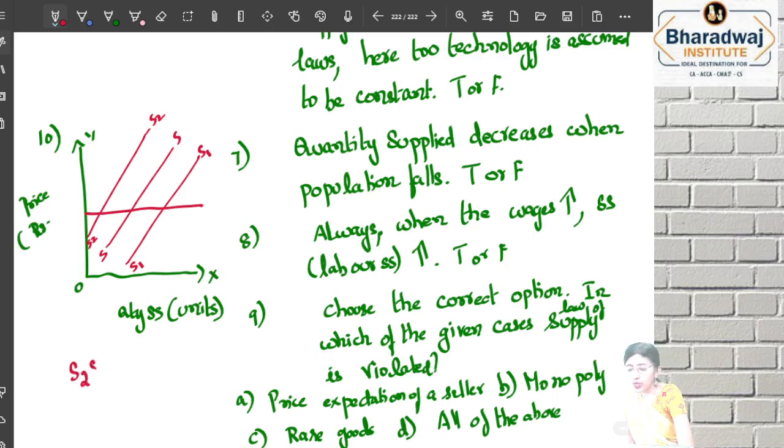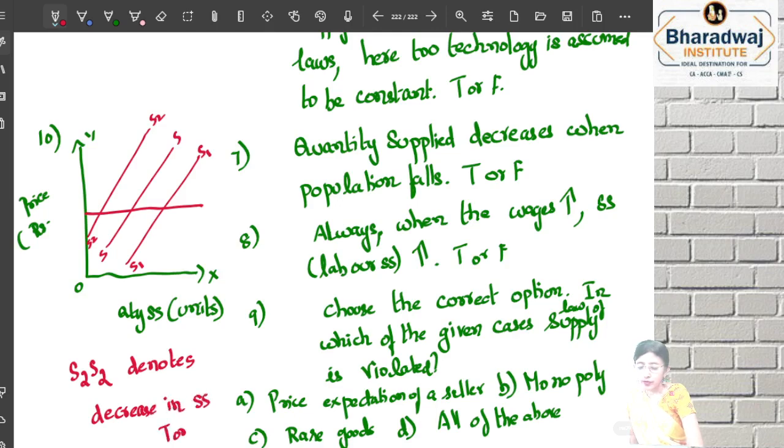Yes, a shift denotes a decrease in supply. True or false?